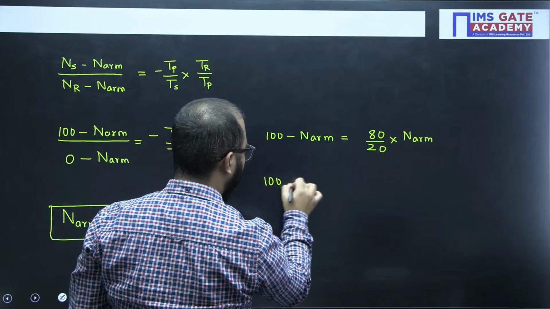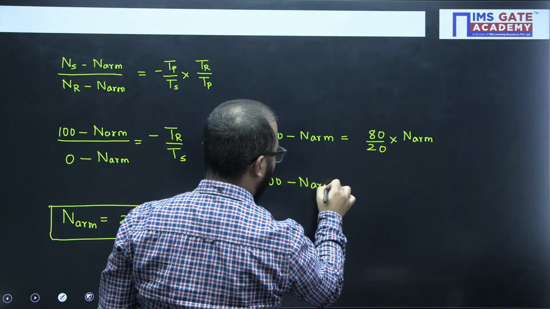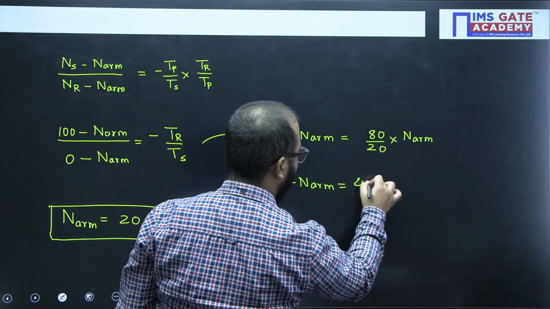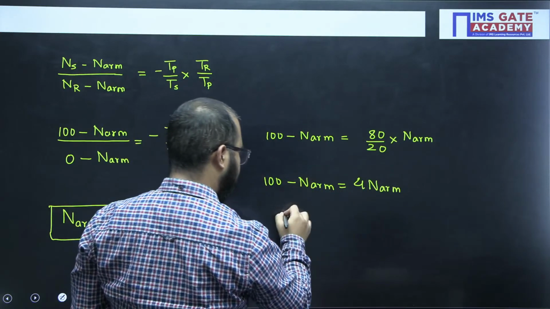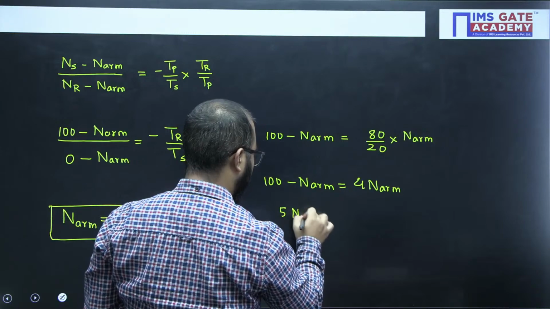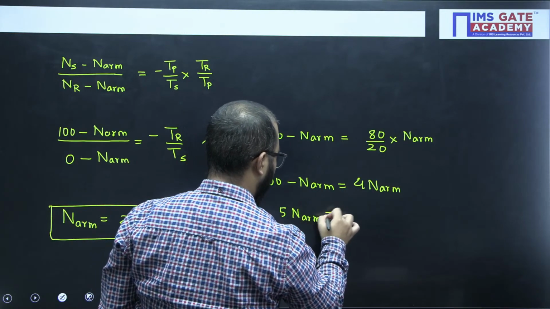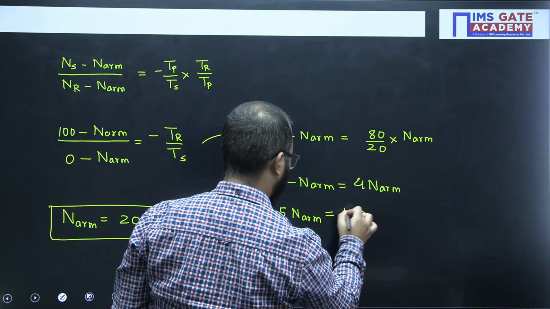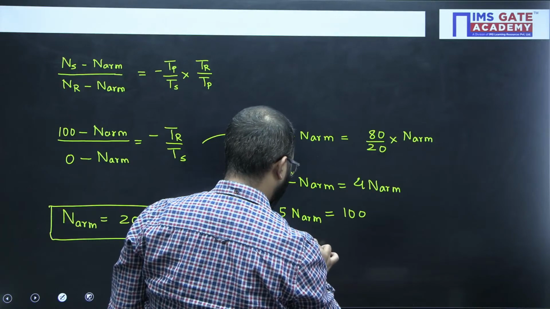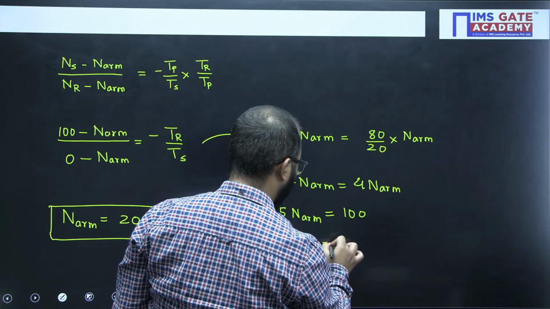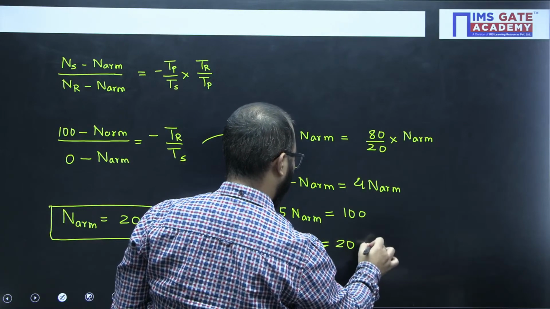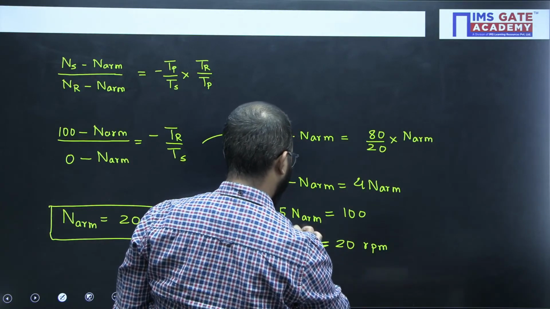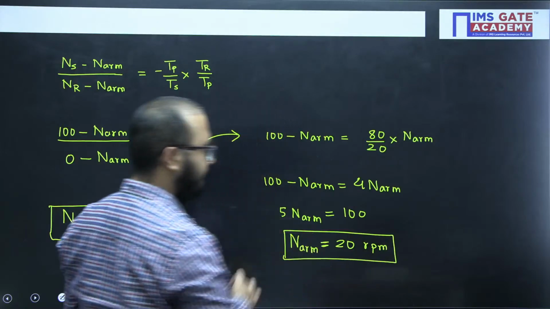So 100 minus n arm, this is 4 n arm, minus if it goes there, so 5 into n arm equals 100. So n arm equals 20 RPM. That is the answer we have solved finally.